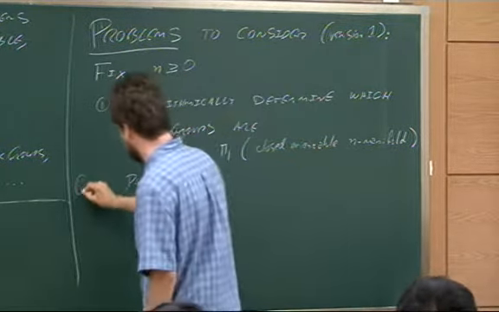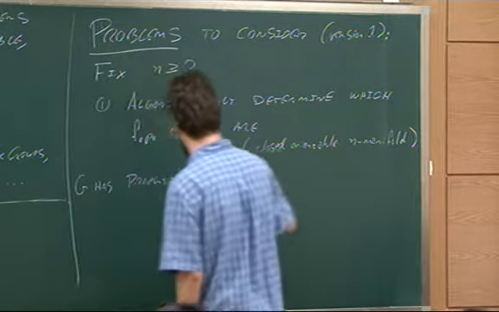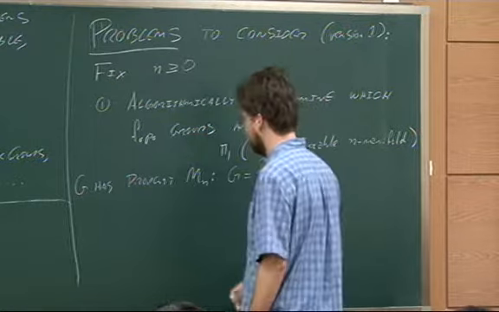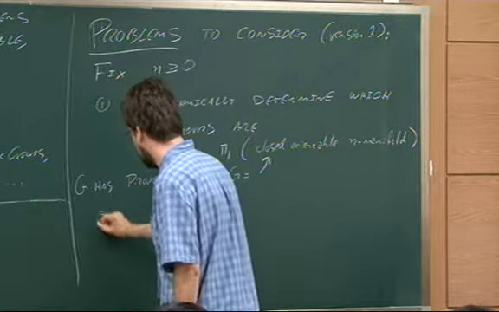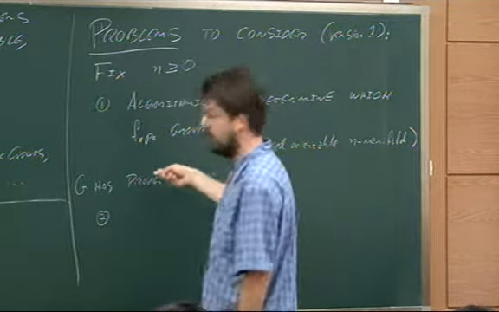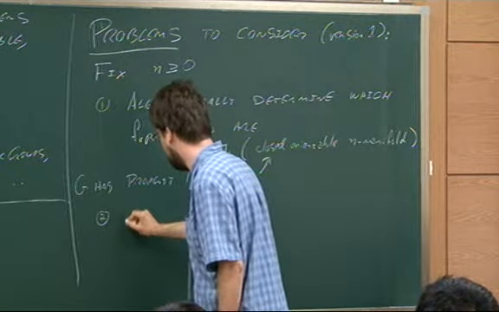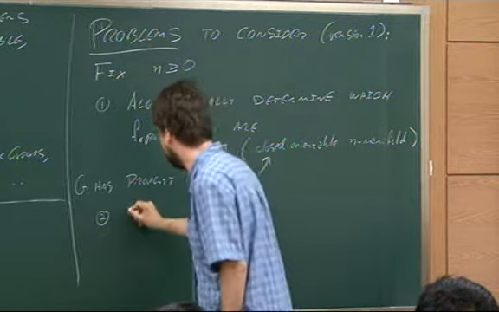So G has this property M sub n if G is equal to one of these things, okay? And then second, is this a decidable property of finitely presented groups? We'll see it's not, but anyway.